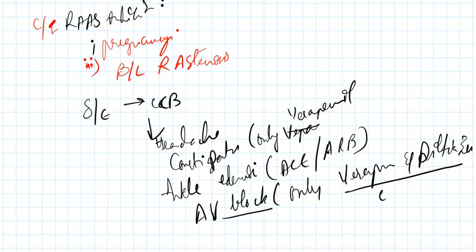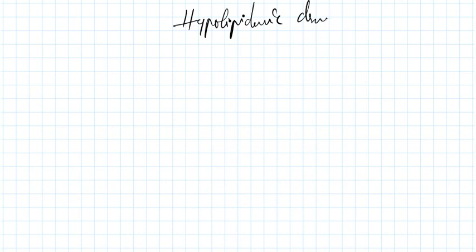And now we will discuss something about hypolipidemic drugs. I will make it something fast so that you can go on with the flow, right? So what are the hypolipidemic drugs?